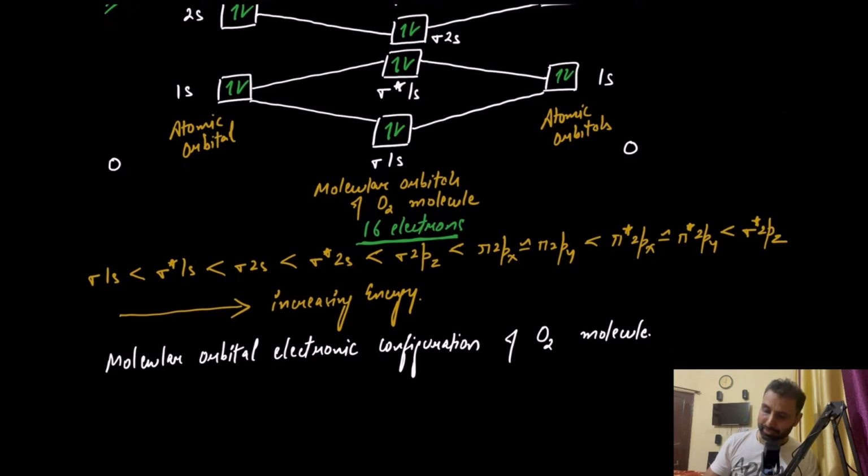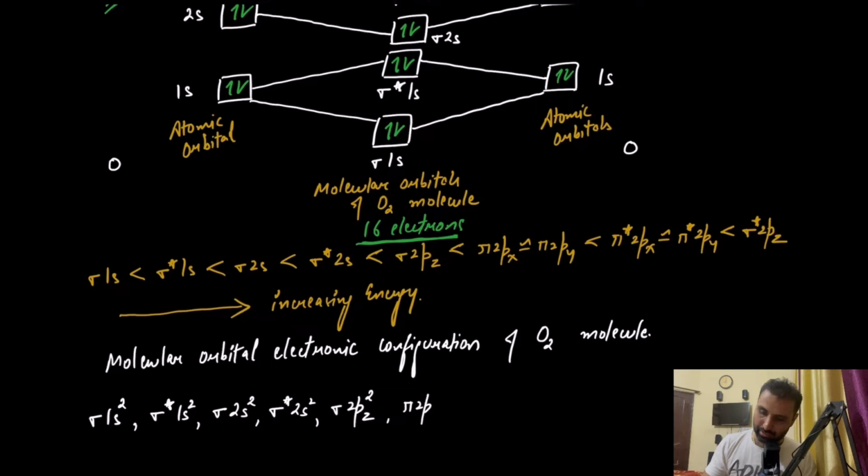So I am writing its configuration is, first of all, sigma 1s is having 2 electrons, then sigma star 1s is having 2 electrons, then sigma 2s is having 2 electrons, then sigma star 2s is having 2 electrons, then sigma 2pz is having 2 electrons, then pi 2px, pi 2py are having 2 electrons, and after that we are having 2 unpaired electrons in pi star 2px and pi star 2py, that is 1 electron and 1 electron.